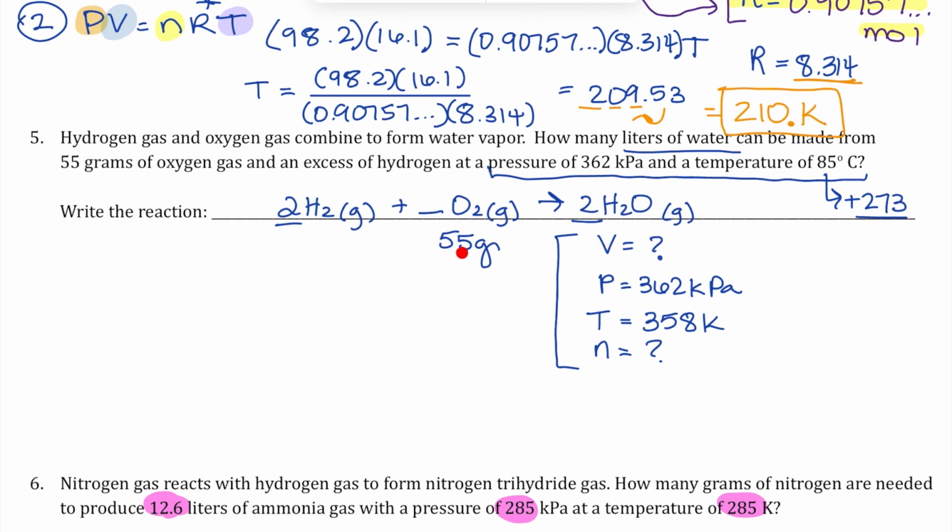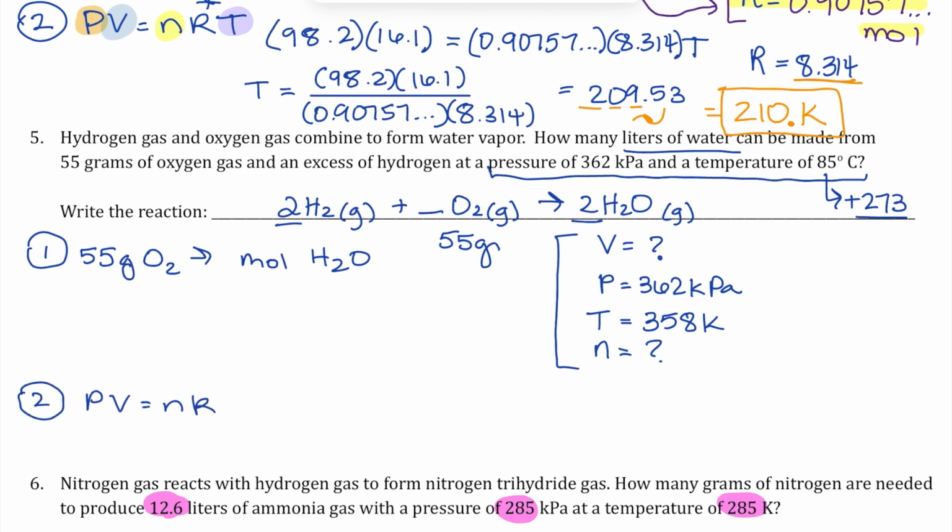Just like in our last problem, we are going to first do that stoichiometry. We're going to go from 55 grams of O2 to find how many moles of H2O. And then after we know moles of H2O, we'll be able to use that ideal gas law with those values.